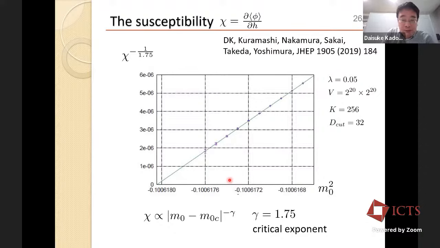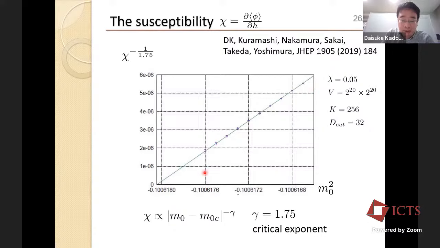The susceptibility obtained by the TRG method is on this straight line, which corresponds to this formula.